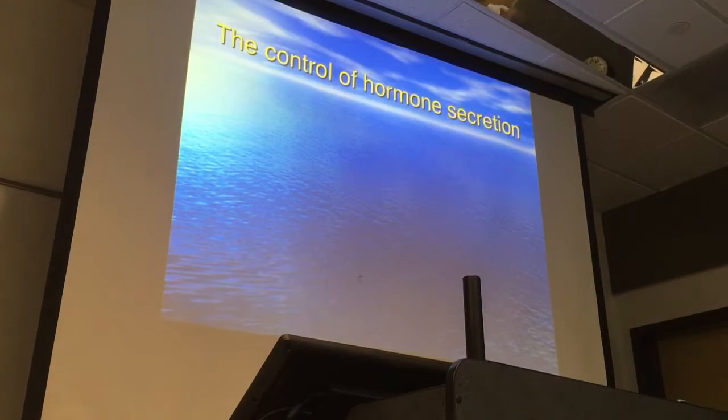What controls the production of any of those hormones? There are three stimuli that can cause a hormone to be produced, and the same three stimuli can limit, hinder, or prevent hormone release. Okay? So I'm going to present them as three things that can stimulate a hormone being released, but they're the exact same things that can inhibit or prevent a hormone from being released.